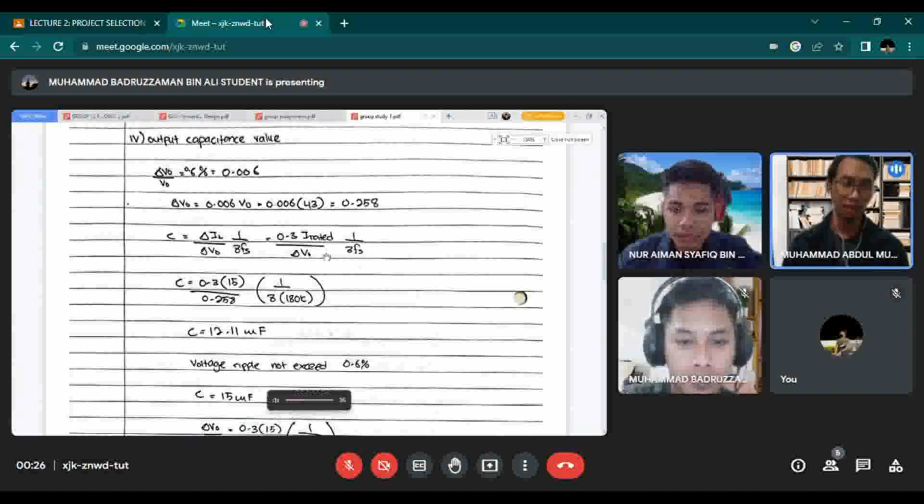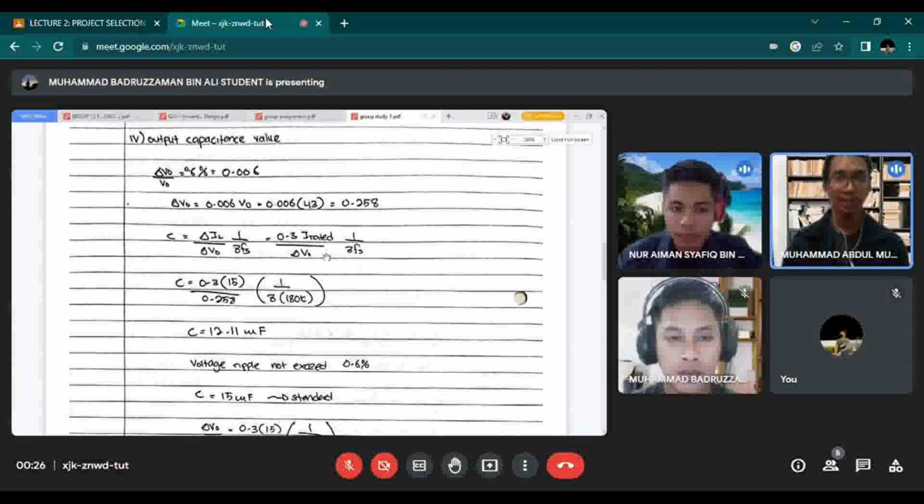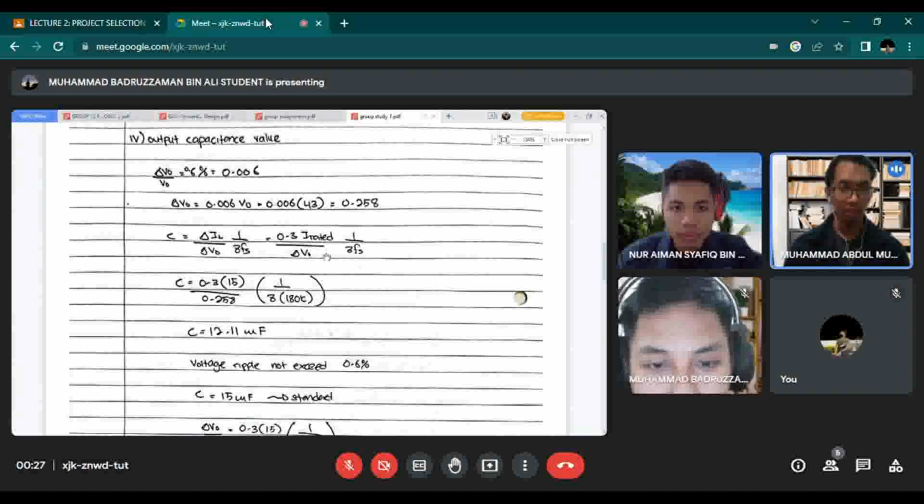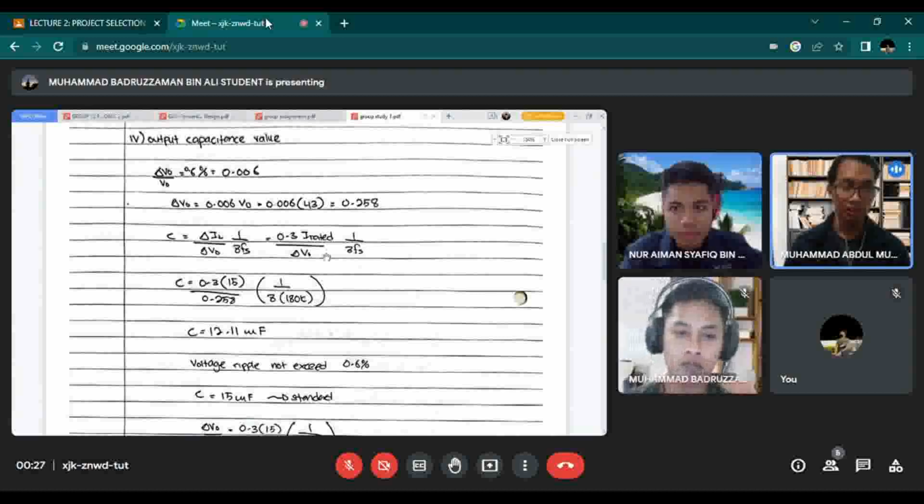As the formula of delta voltage output, 0.006 times voltage output, we get 0.258. As for the output capacitance, we use the formula with 0.3 and the I rated also, and we get the answer for the output capacitance, which is 12.11 microfarad.